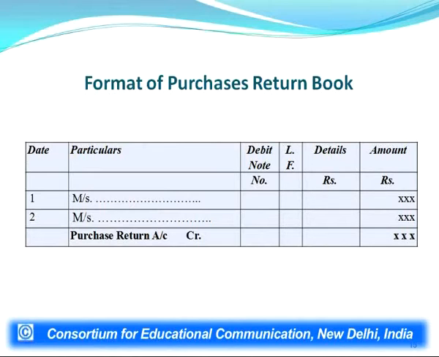We know that purchase return means the goods go out, goods is a real account. So, as per the rules of debit and credit, debit what comes in. So, the purchase account is debited for purchase of goods, and credit what goes out. So, the purchase return account is credited for the goods returned by the firm.